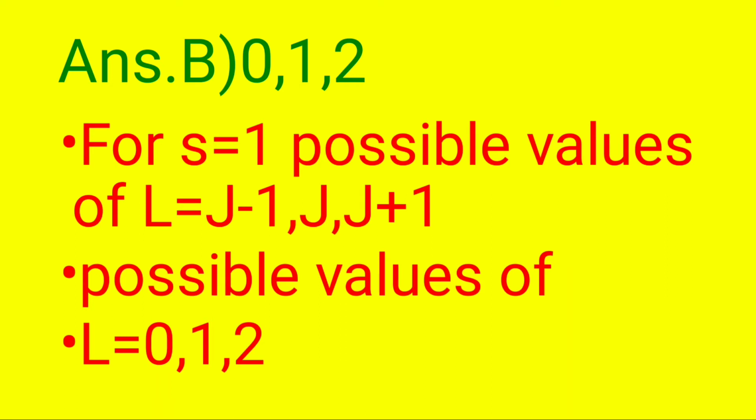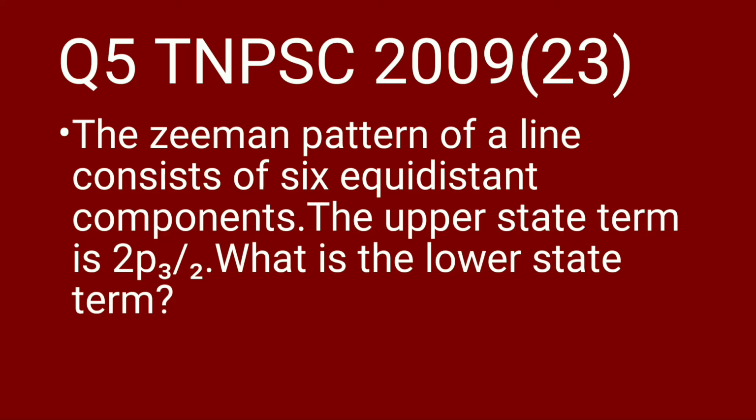Answer B, 0, 1, 2 is the correct answer. For the value of S equal to 1, the possible values of L are J minus 1, J, J plus 1 respectively. Therefore, possible values are L equal to 0, 1, 2.